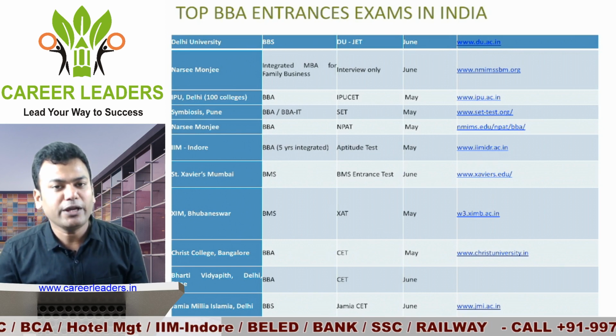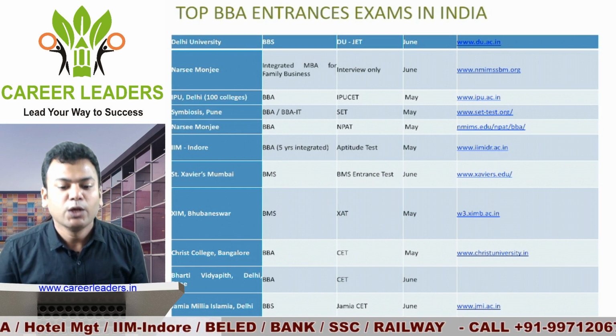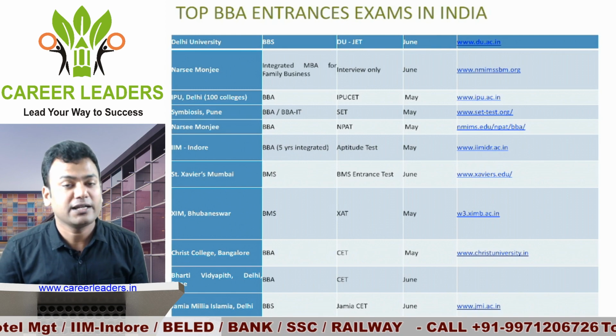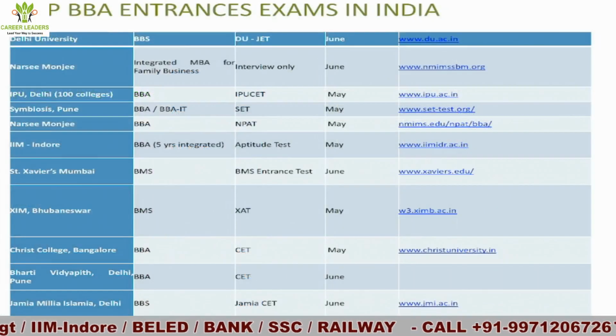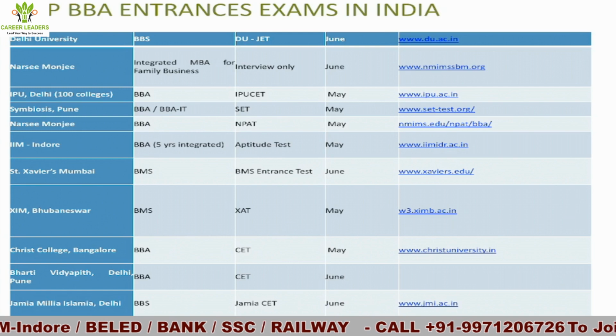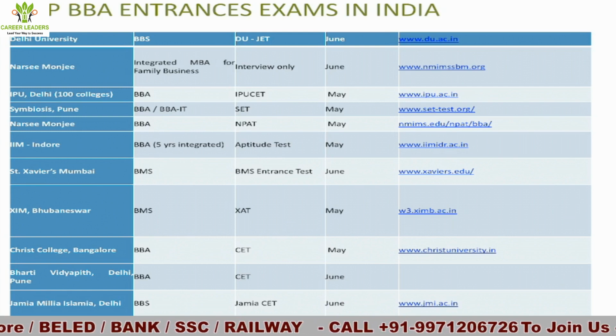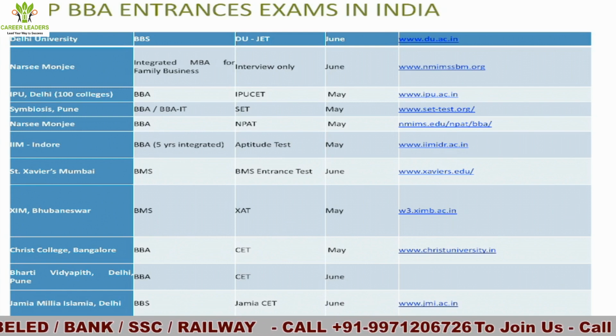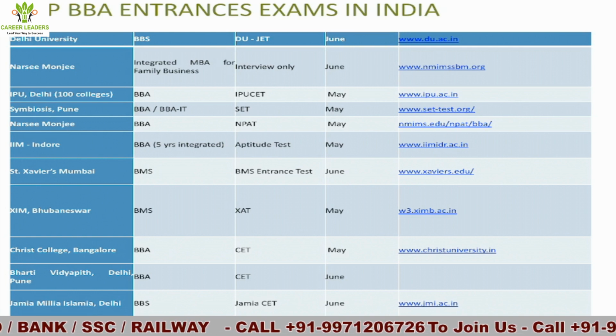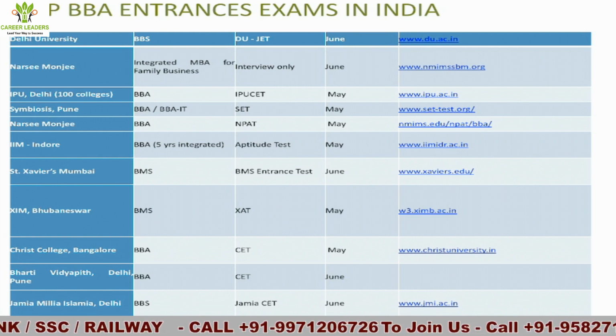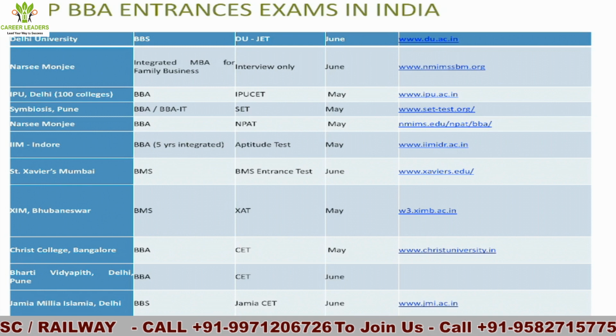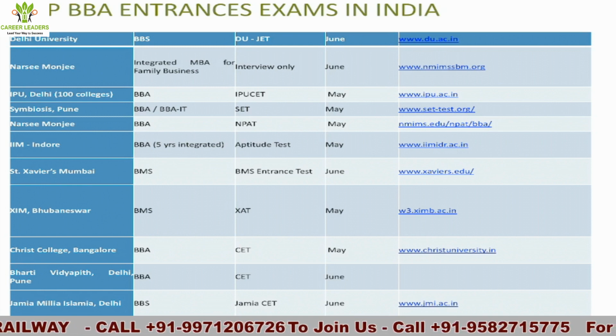Okay, apart from Mumbai University, we have got Narsee Monjee, which is in Mumbai. It is one of the fantastic universities. We got IP University, which includes 100+ colleges, more than 10,000 seats. We got Symbiosis, which has 3 branches in Pune, Noida and Hyderabad. We have IIM Indore, that we have previously talked about.